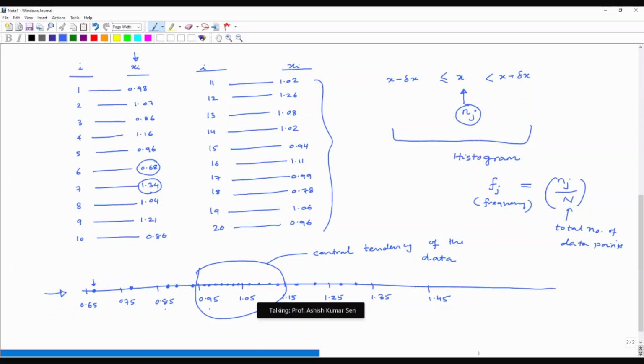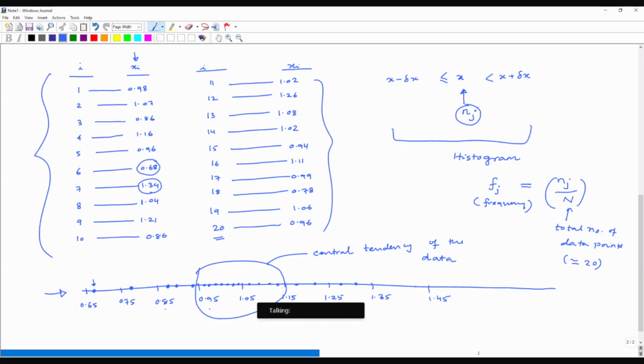In this example, the total number of data points is 20. So how do we represent this data in the form of a histogram?